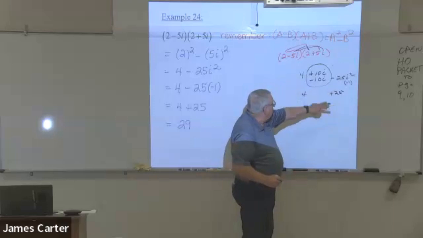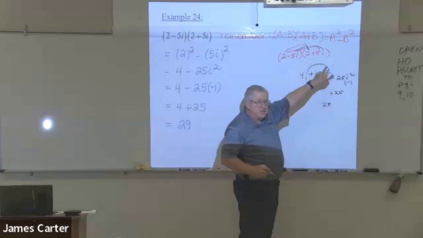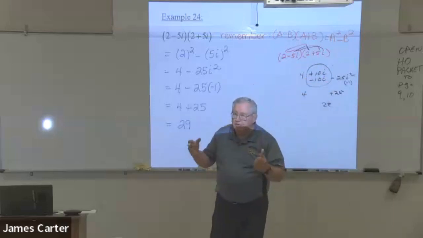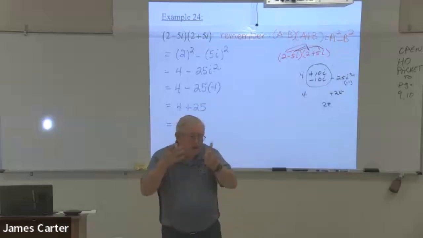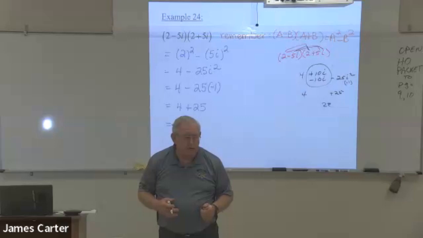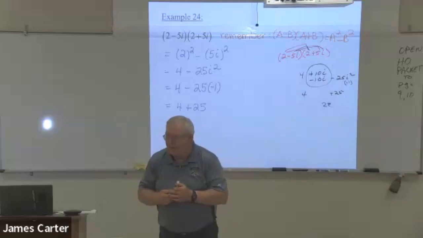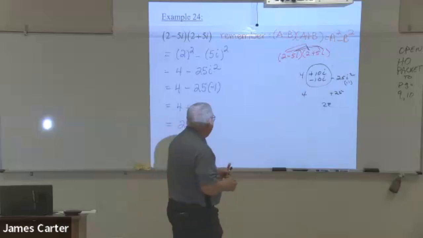Okay, so this is the standard method of getting rid of i's in the denominators of problems. Now, we don't care if they're in the numerators, but in the denominator, thou shalt not have them there.